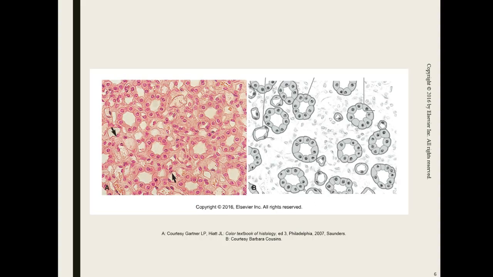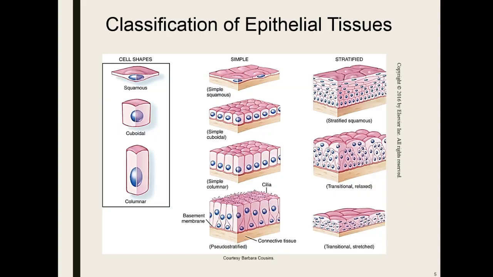Right here you can see the cell shapes. So there's squamous, cuboidal, or columnar. So again, that squamous is a flattened out kind of sac shape. Cuboidal is a square or a cube, and then columnar is that rectangular.